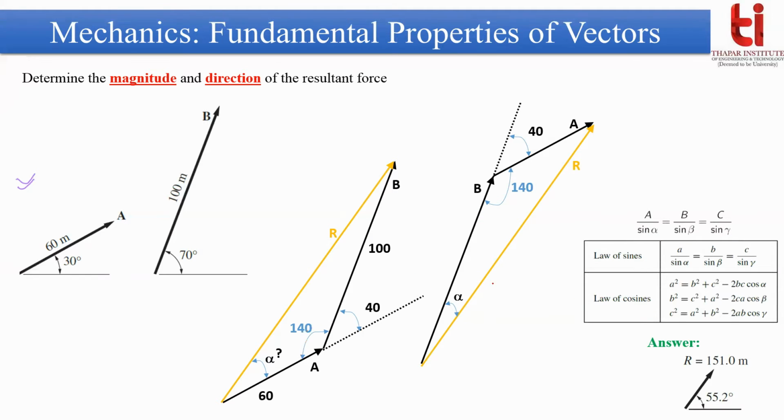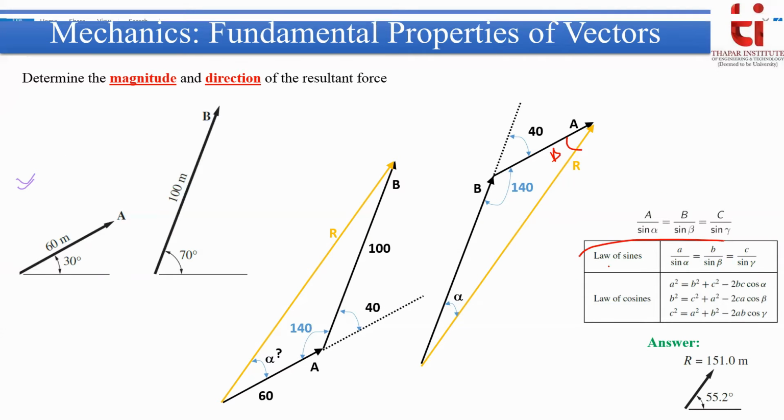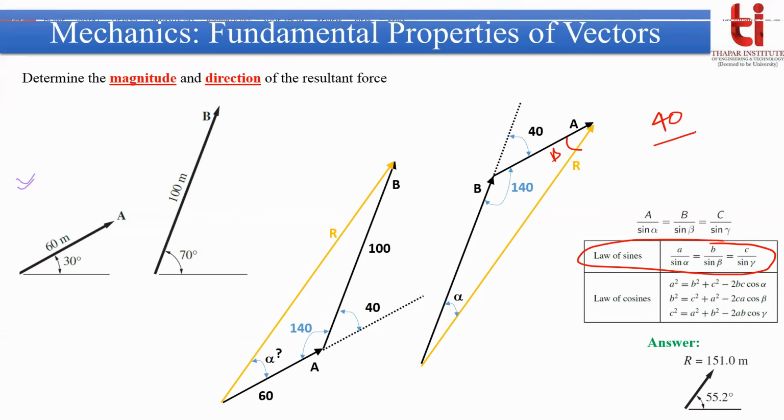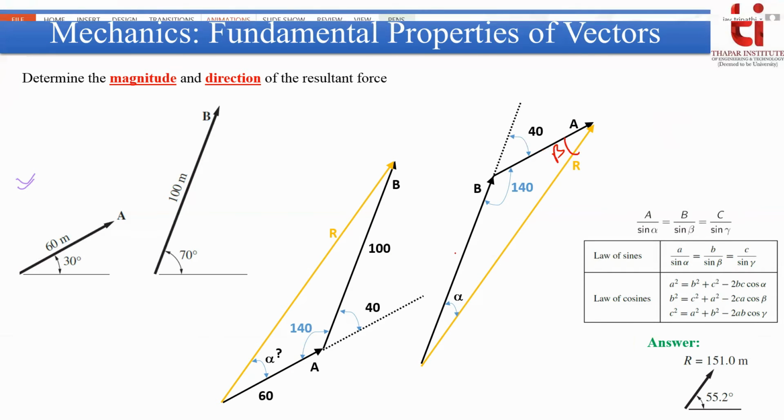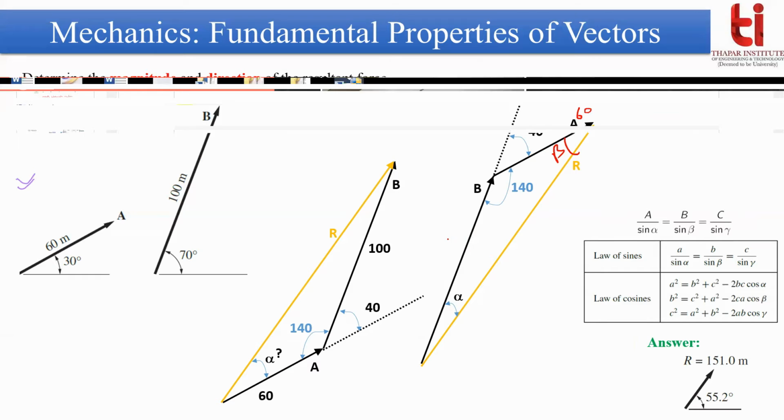So suppose this angle is alpha, this angle is 140, and suppose this angle is beta, and you want to apply the law of sines. Then what will you get? Sorry, this is angle 40, not the magnitude. Anyway, these are the angles, and suppose this is beta, and we know that this vector has length 60 and this vector has length 100.